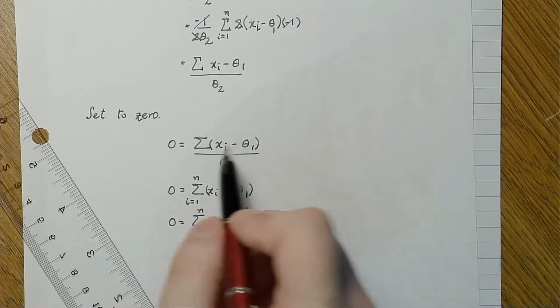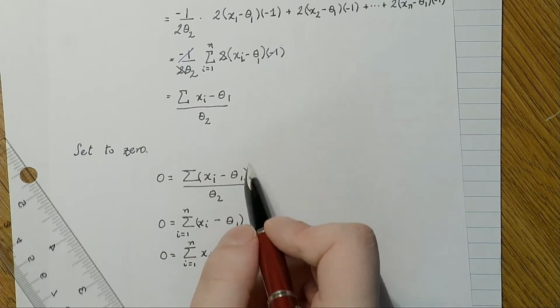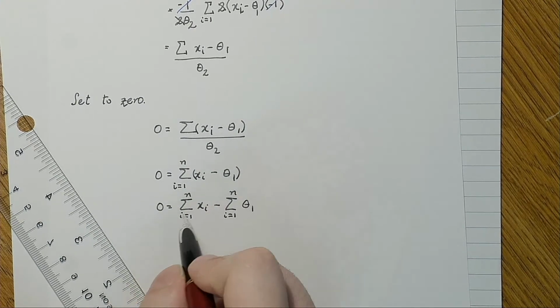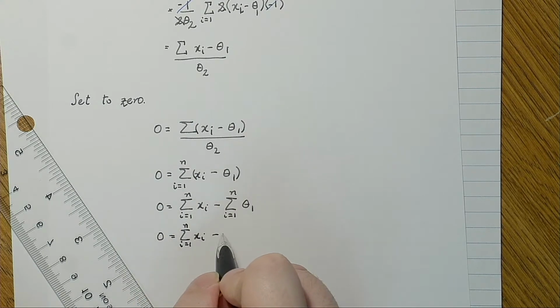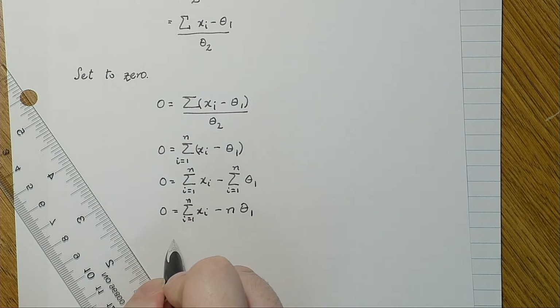There's no square here because it came down when I differentiated. And now I can apply that to each of these terms, and then solve for this.